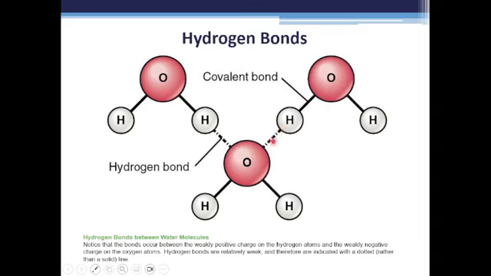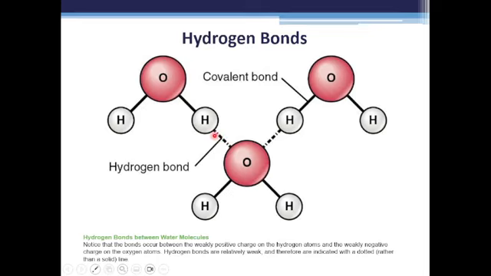But when it interacts with another water molecule, as I said, hydrogen tends to have a positive charge and oxygen tends to have a negative, so they have a little weak interaction, what we call the H bond or hydrogen bond. So slightly positive hydrogen of one molecule, slightly negative oxygen on another molecule.